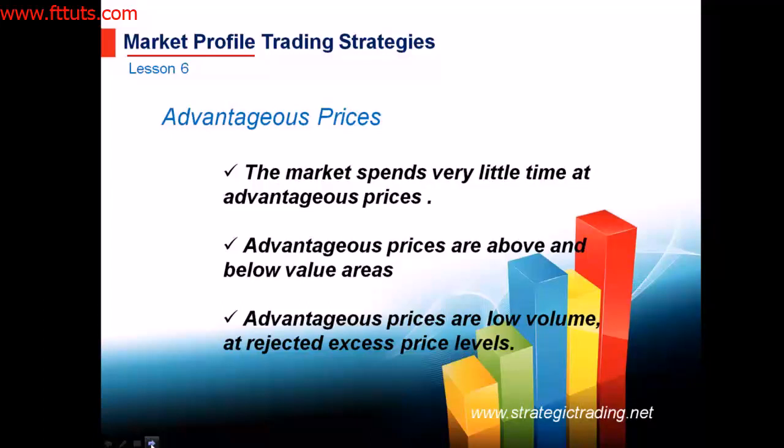This is when the longer-term player comes into the picture, and usually they're able to move the prices very quickly in one direction or another with fairly low volume, because there simply isn't the level of two-sided trade that takes place when we are within the value area or around fair price. So advantageous prices are low volume at rejected excess price levels. In other words, they exist at the extremes of our profile.